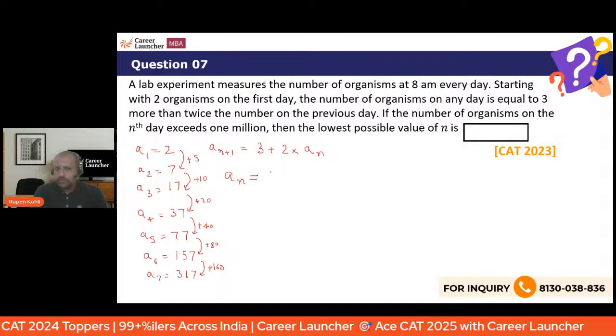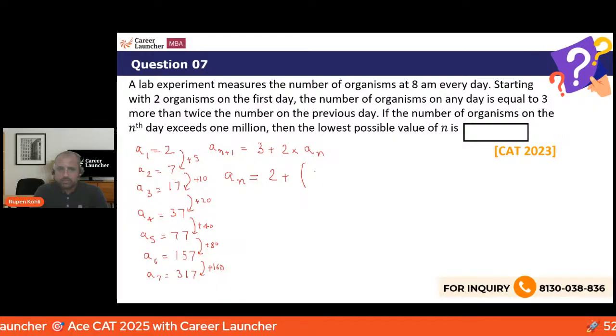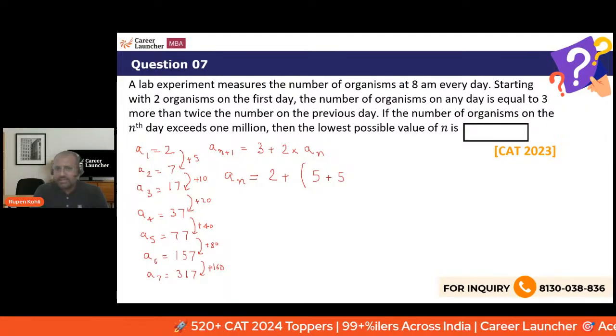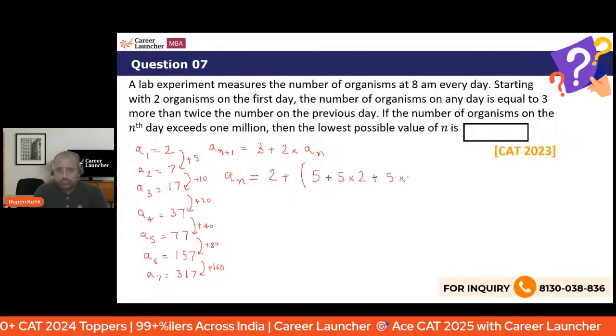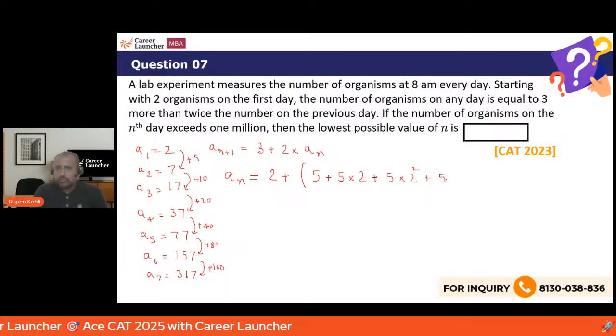Just follow me on this. 2 plus, so 2 was the initial term, and then the GP starts. In bracket, 5 plus, I'm deliberately writing it in the GP form, which is 5 into 2, 5 into 4, written as 2 square. So 5 into a power of 2 basically.